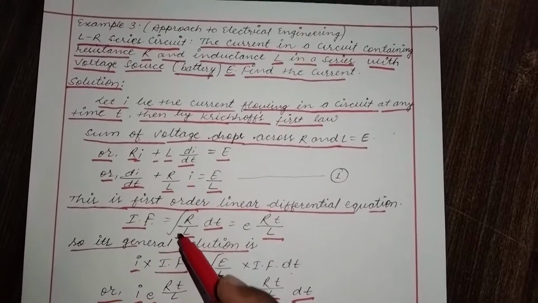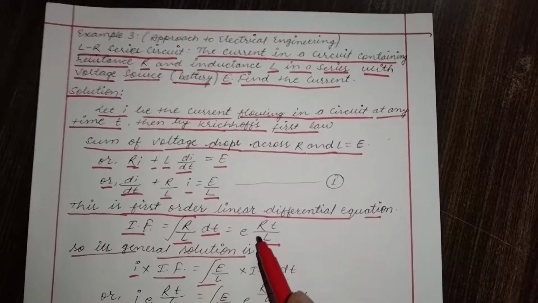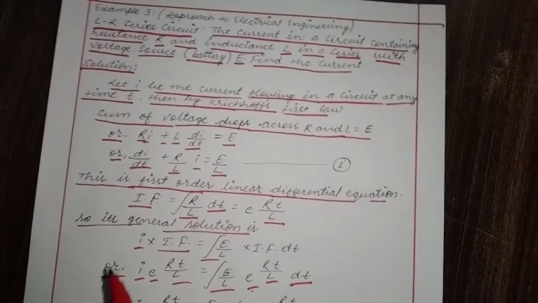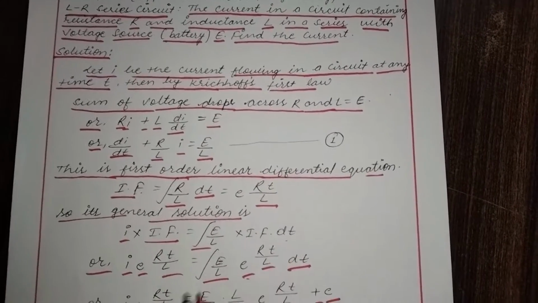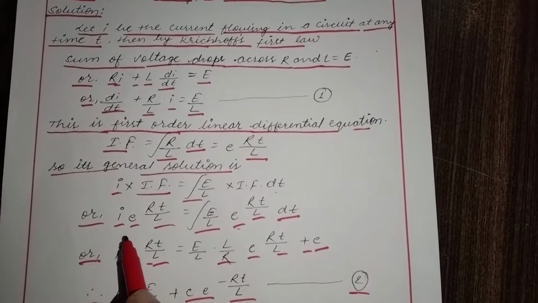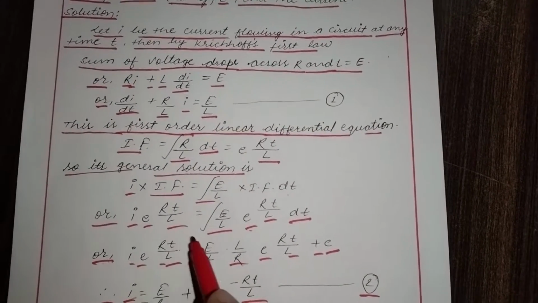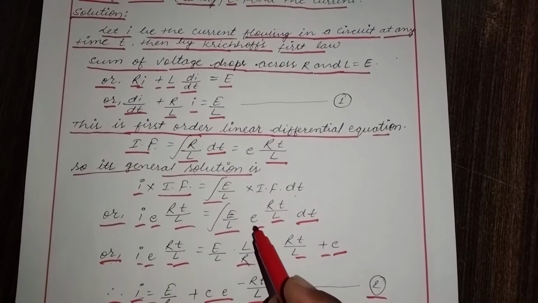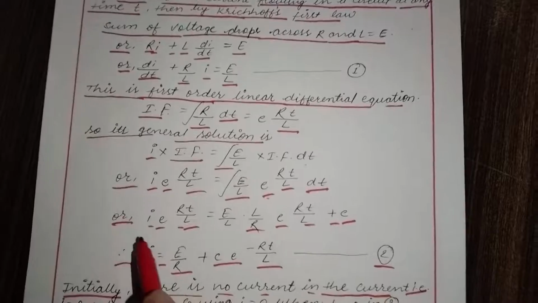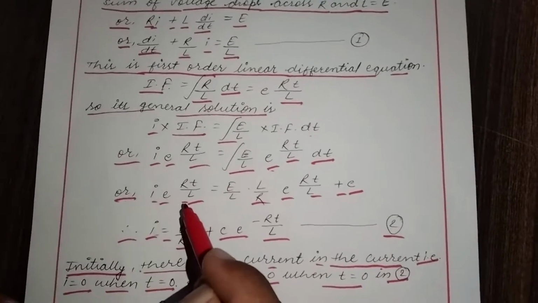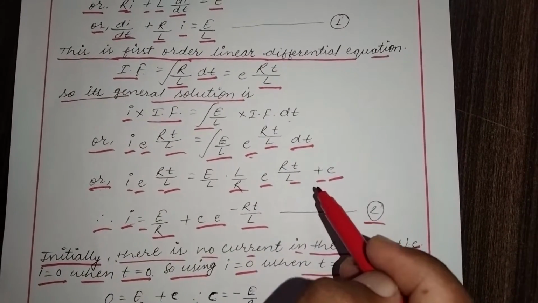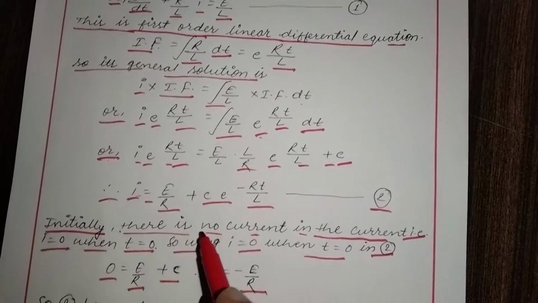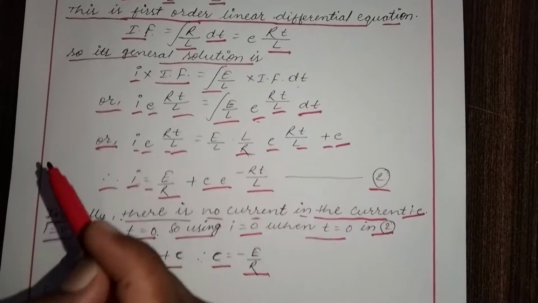Integration factor equals e to the power integral of R by L dt, which equals e to the power Rt by L. So its general solution is: current I times integration factor equals integral of E by L times integration factor dt, or I times e to the power Rt by L equals integral of E by L e to the power Rt by L dt, or I times e to the power Rt by L equals E by L times L by R e to the power Rt by L plus C. Therefore, I equals E by R plus C e to the power minus Rt by L. This is our second equation.